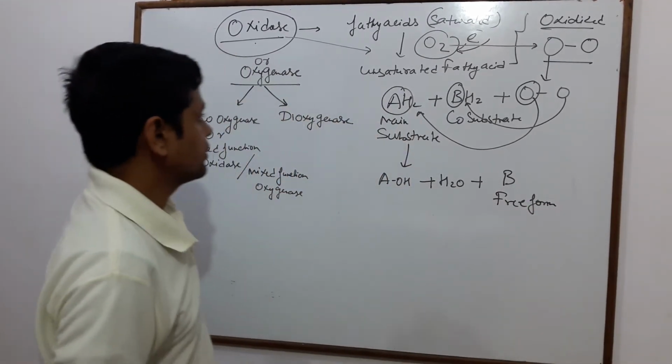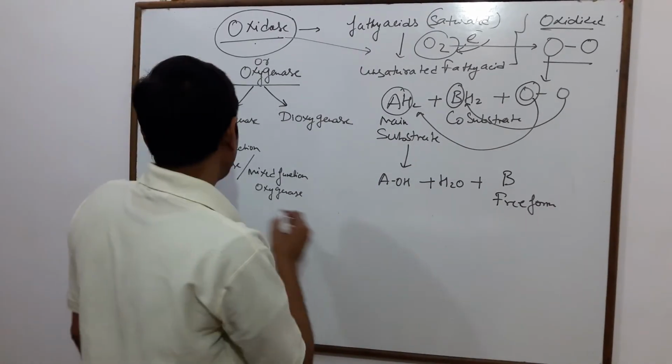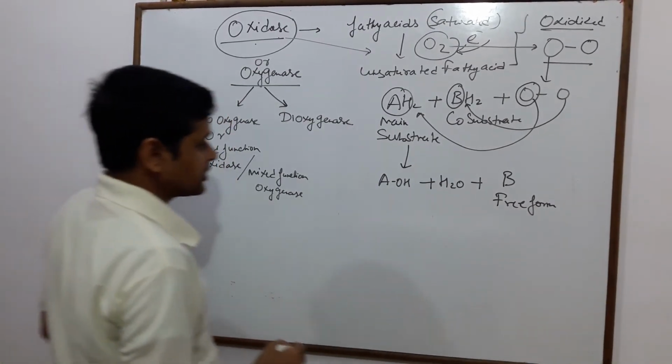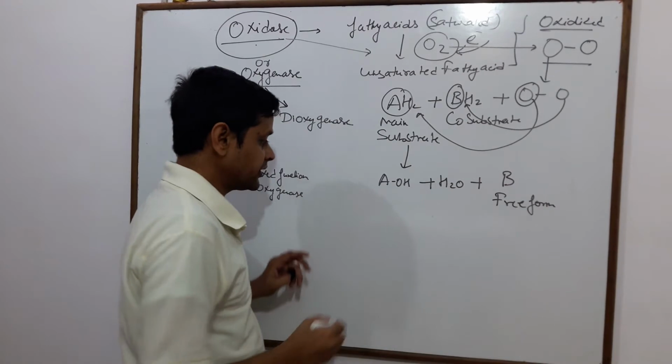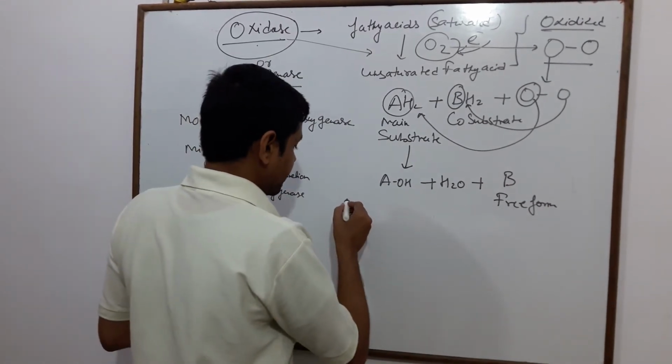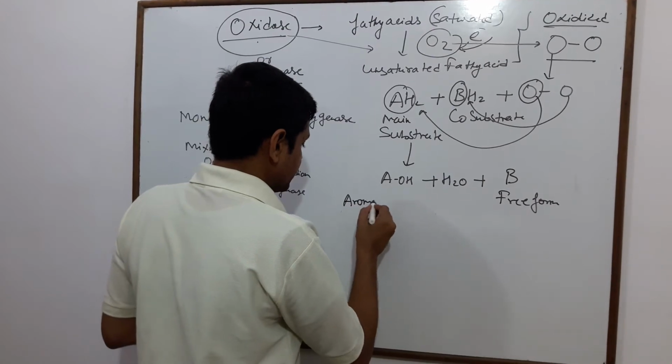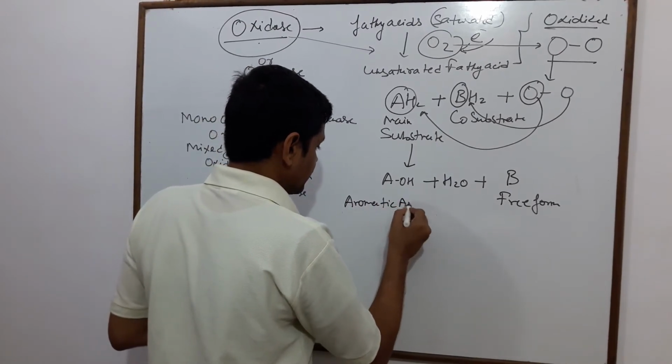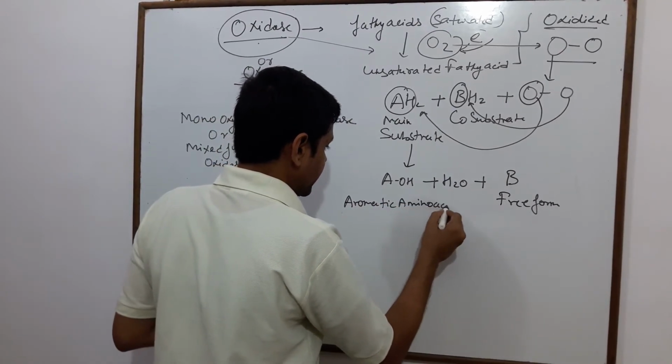So what is an example of this monooxygenase? Generally, if we take an example of an aromatic amino acid, that is phenylalanine.